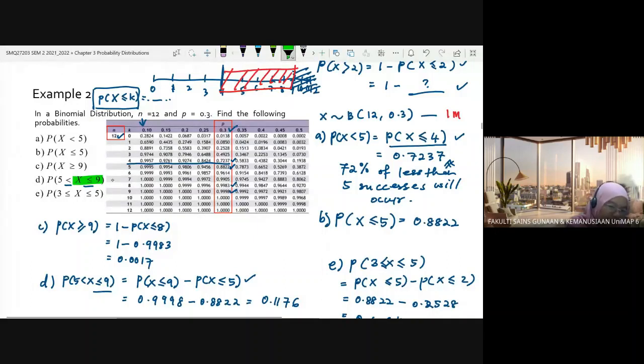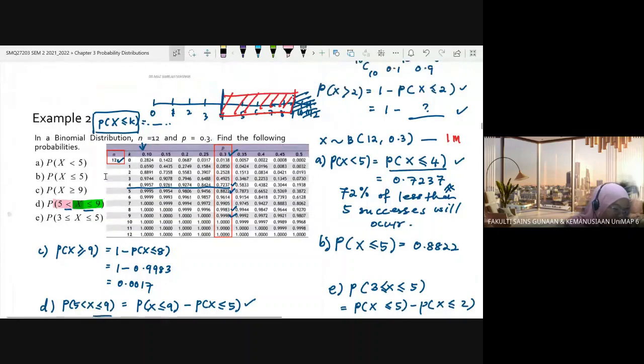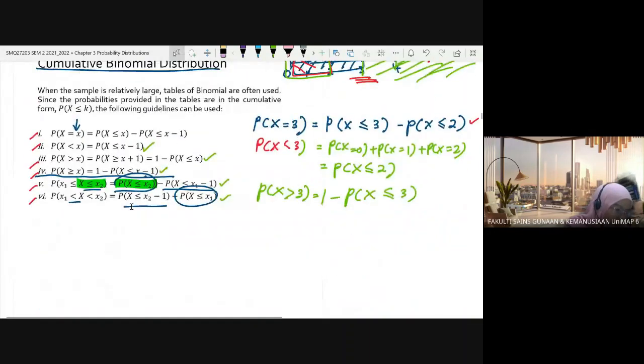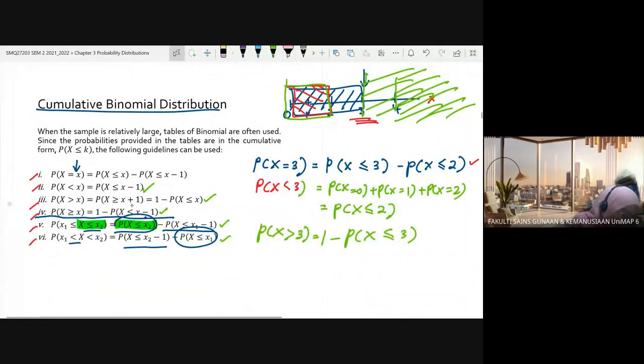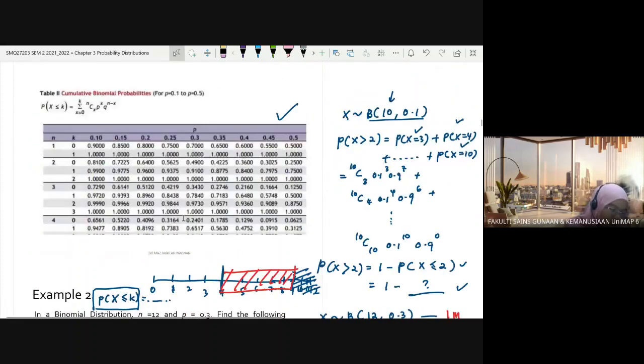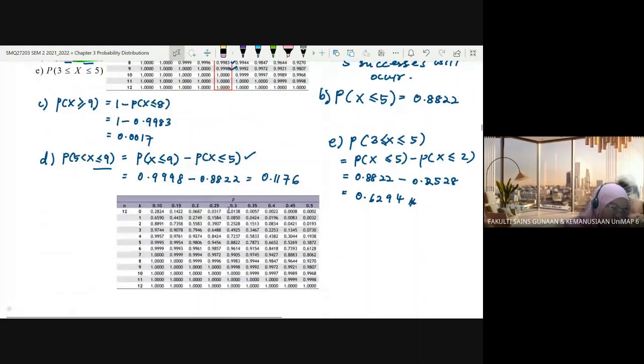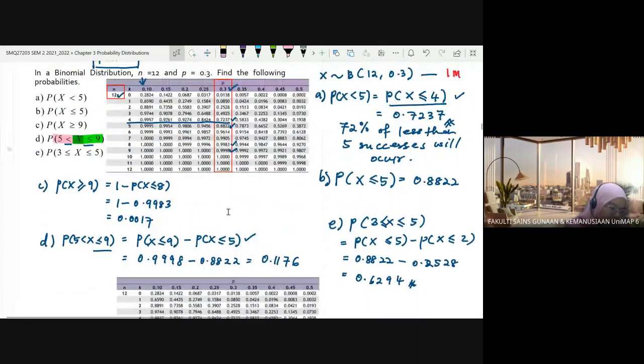If I change the highlight, greater than 5 is this one. Then look for the greater than rule. The greater than rule is this part. You are using the same value, x1, so that's why it becomes this one.